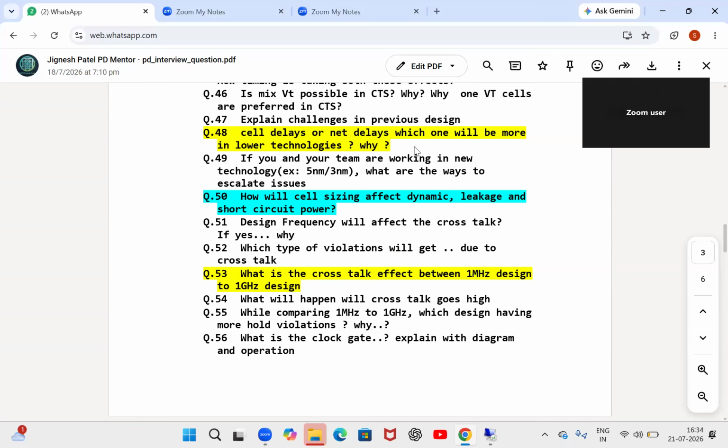Because it takes less current. Less current, then how will power consumption be more? So whatever you are saying, always try to ask yourself the question: how, why.